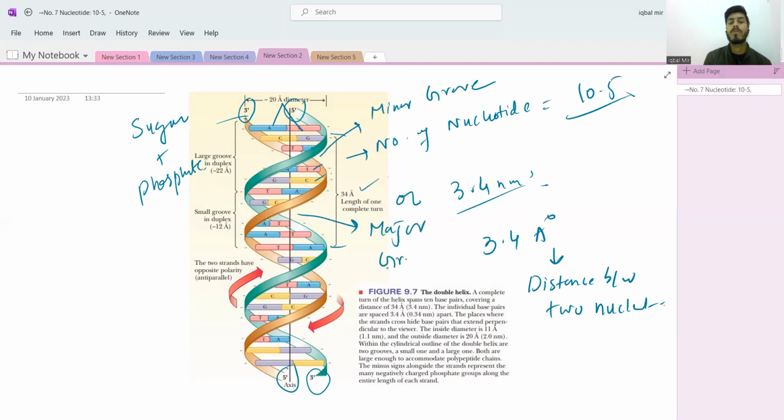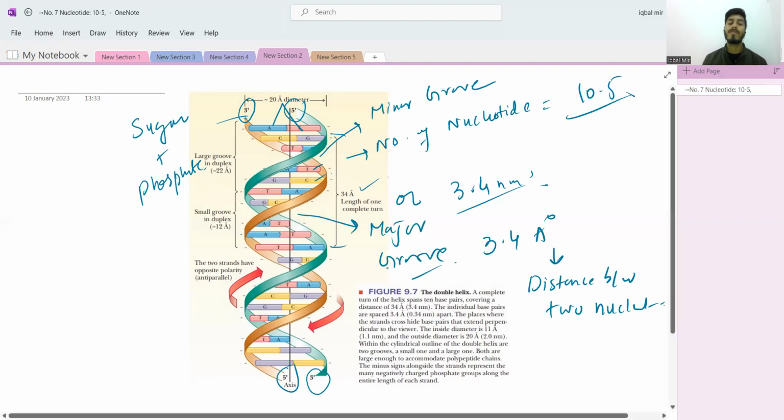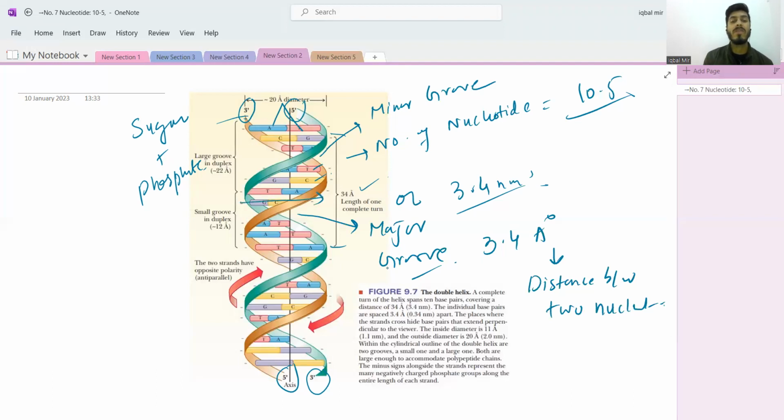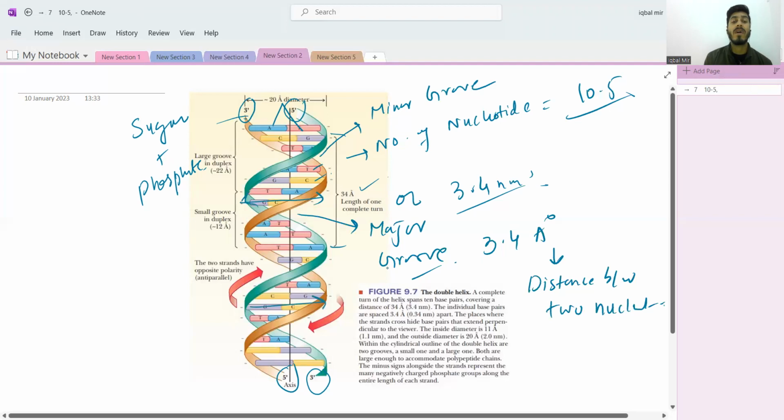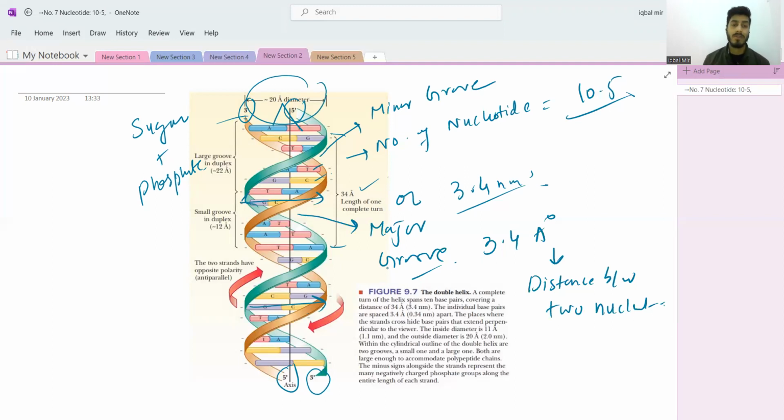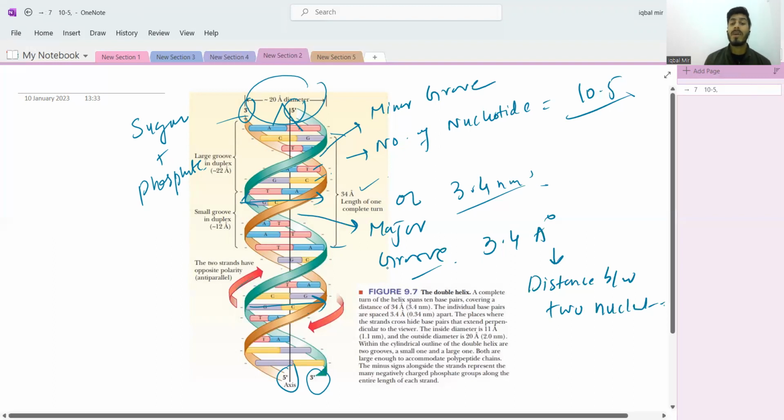The figure is from your NCERT book. You can see that the diameter of DNA, measured in any region, is always 20 angstroms, or 2.0 nanometers. Understood? So two strands are anti-parallel. The DNA is a right-handed helix.